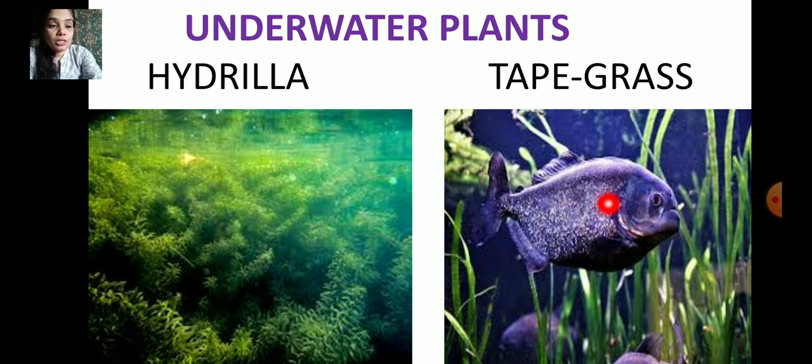This fish is an animal, it also breathes, and when it breathes it gives out carbon dioxide. That carbon dioxide is used by these underwater plants. And the stems are flexible and have air spaces, that is why they float in the water.